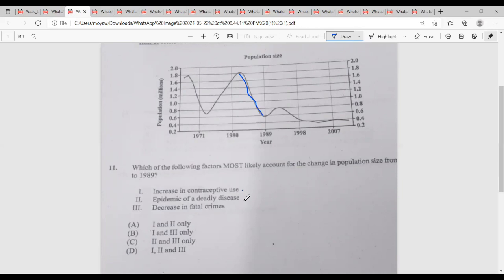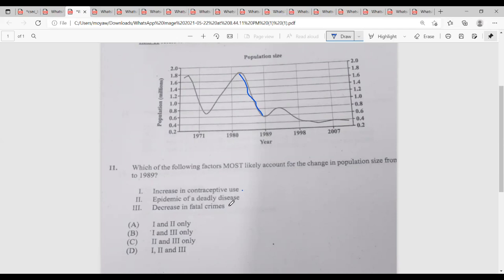So the population is decreasing. So we have to figure out, why is the population decreasing? So we have increase in contraceptive use. We know that increase in contraceptive use will decrease the population size, yes. Epidemic of deadly disease, definitely true. And then 3, decrease in fatal crimes. So if there is a decrease in fatal crime, then guess what?